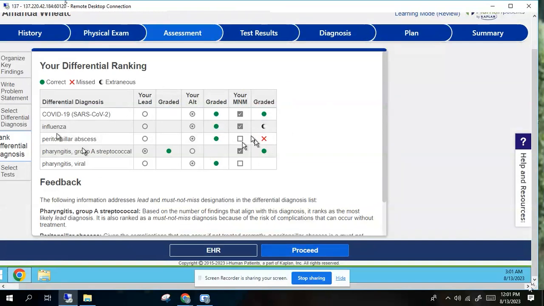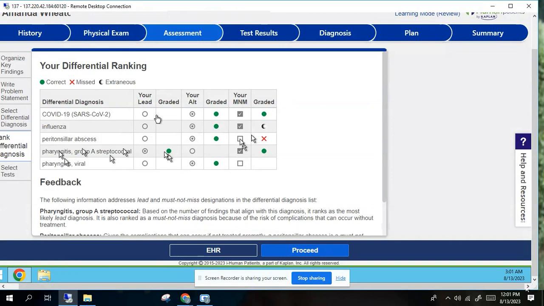Anyway, I got the rest, including pharyngitis, the lead diagnosis. So always state that once you have the lead differential, that becomes the diagnosis. So in this case, my lead differential was pharyngitis, group A streptococcal.